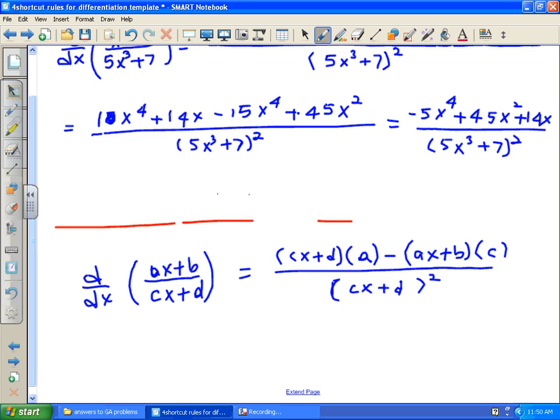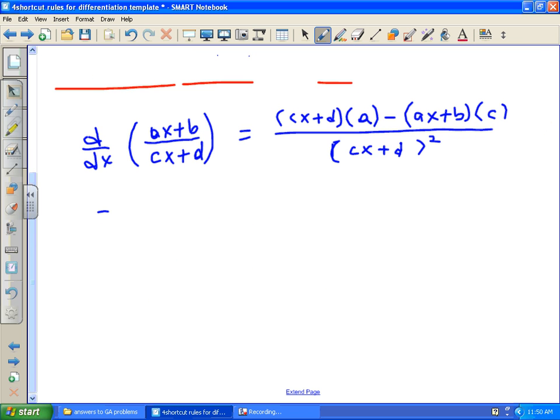And if we simplify the numerator, we'll be done. So multiply everything out. You have acx plus ad minus acx. And don't forget this negative distributes onto both terms. So the last term is going to be what? Negative bc, right?